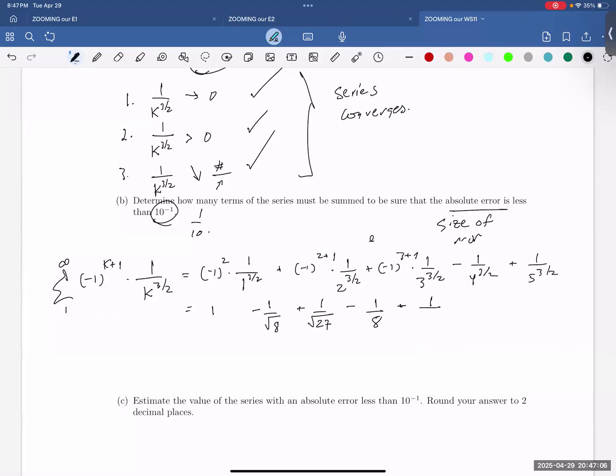That's the root of 125. What's the root of 125? 25 times 5, so 5 root 5.